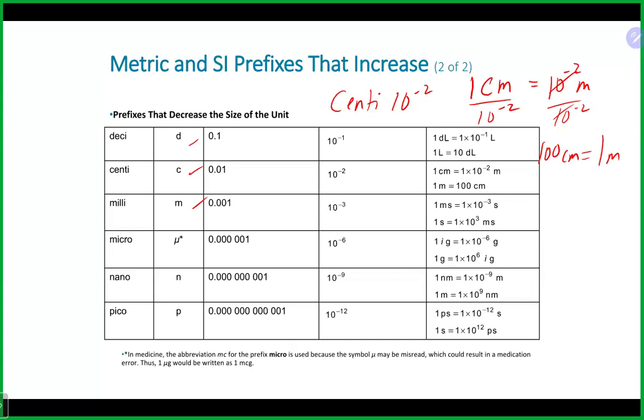Now, again, it doesn't matter if it's different units. So 1 centigram would be 10 to the minus 2 grams. And again, we always want to use these correctly. I would say on the exam, they probably will be given to you in this form, like centi is 10 to the minus 2 or kilo is 10 to the 3. So you want to make sure that you know how to use those correctly.